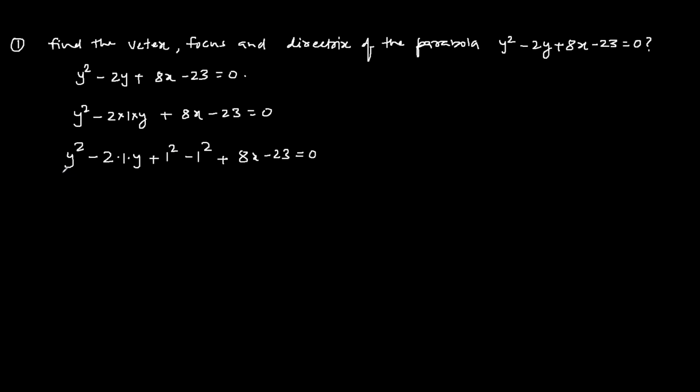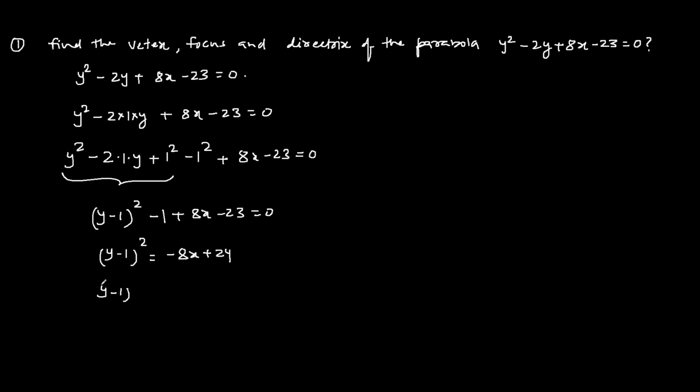Now from the first three terms, we can write y minus 1 whole square, and this minus 1 square is simply minus 1, plus 8x minus 23. Now we have (y minus 1) square equal to minus 8x plus 24. Now let's take minus 8 common.